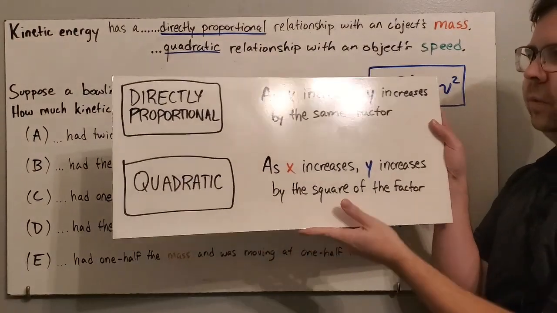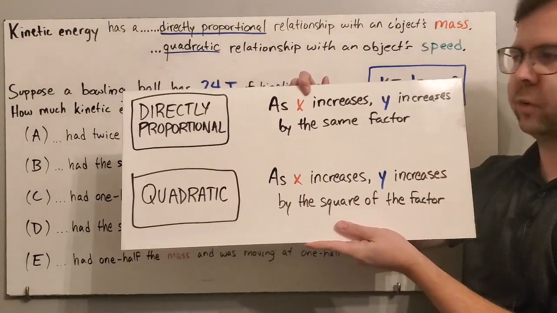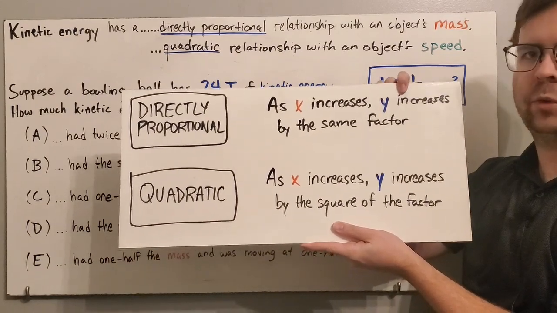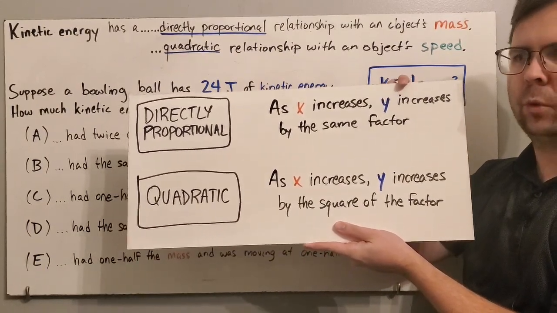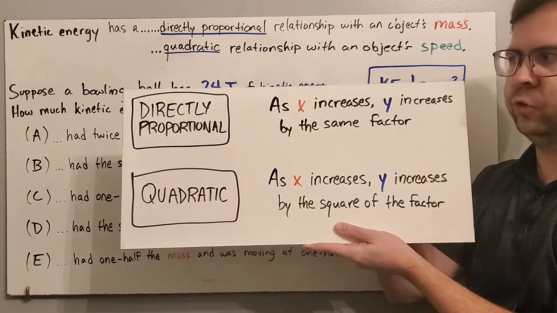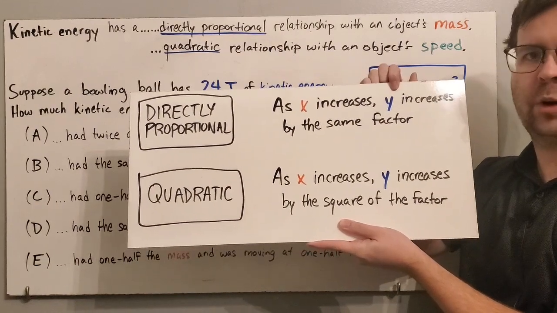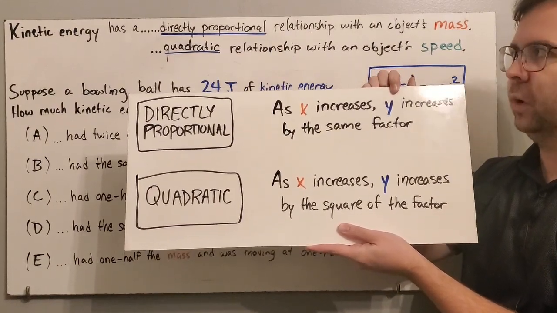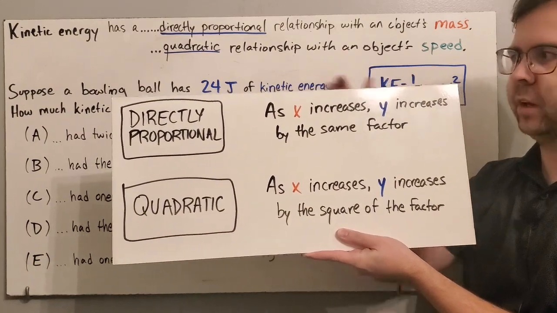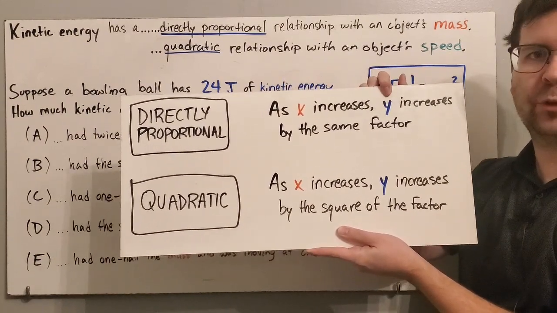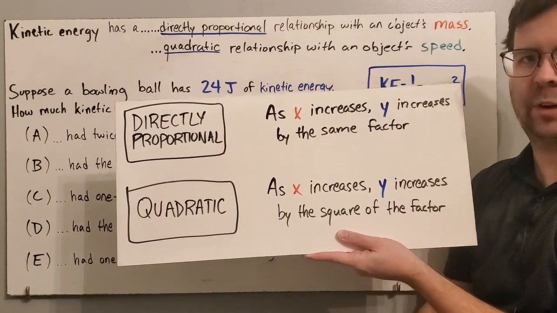Directly proportional means as x increases, y increases by the same factor. So an example would be if you double the x quantity, then the y quantity also doubles. If you double the mass of an object, then the kinetic energy also doubles. It's by the same factor.